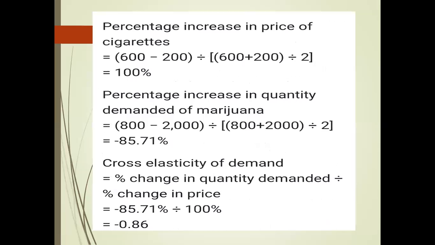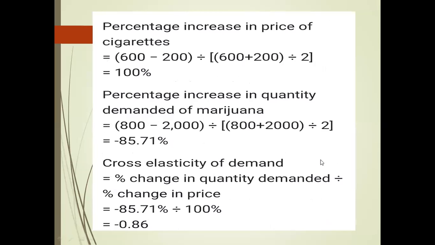Now let's go and see the solution. Percentage increase in the price of the cigarette, we can calculate as 600 minus 200 divided by 600 plus 200 by 2. We are taking the average here, and you get a 100% increase in the price of the cigarette. And the percentage change in the quantity demanded you can calculate similarly, and it is coming as a minus value here.